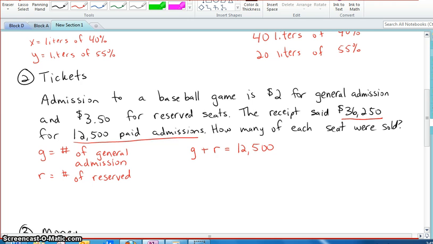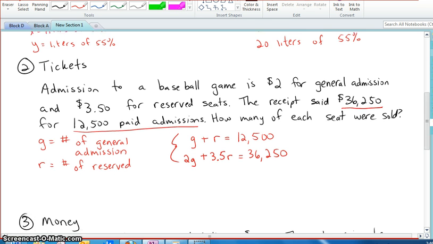Each general admission ticket earned $2. So 2 times the number sold will give me the total amount of money that was brought in. Each reserved seat earned $3.50. So if I multiply $3.50 times the number of reserved seats sold, then I'll get the total, which is $36,250. So here's my system.